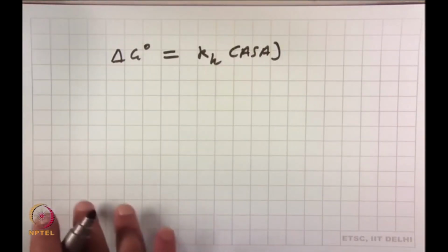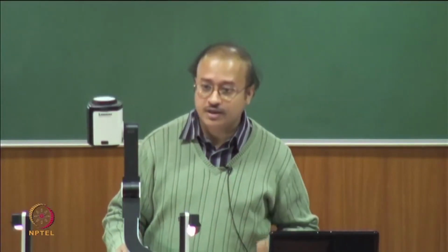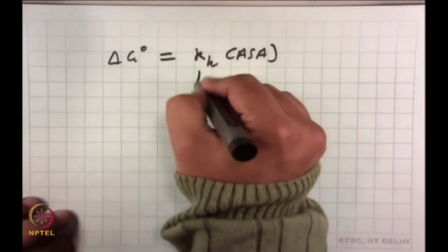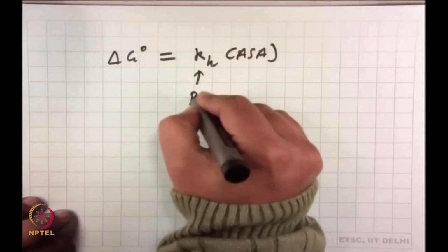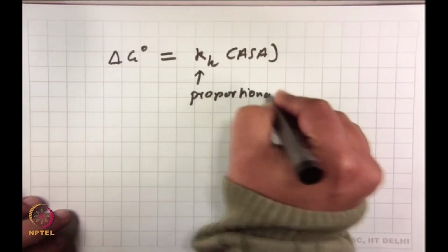That's what you saw, right, because the plot was actually passing through the origin, there was no intercept. So, I can easily write this. This is a certain proportionality constant, let us not worry about the details too much.